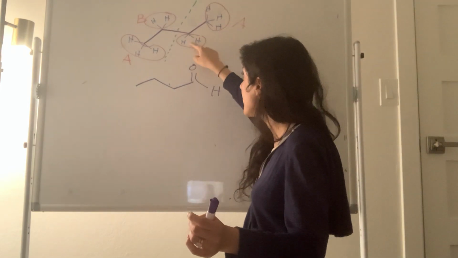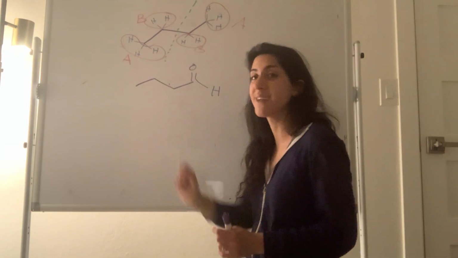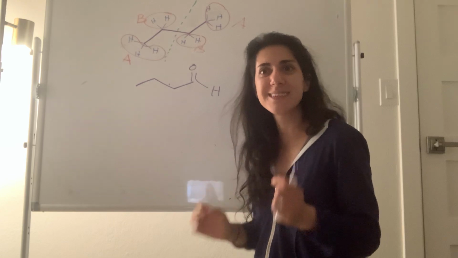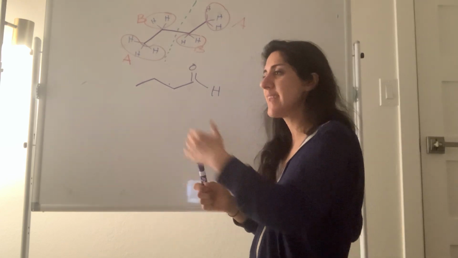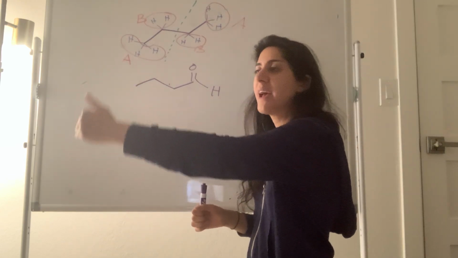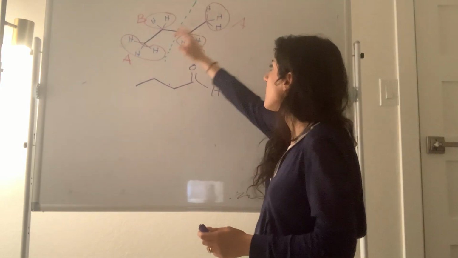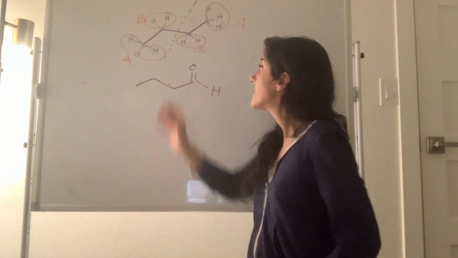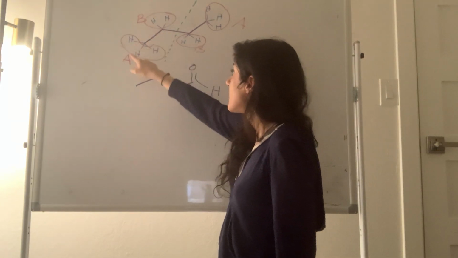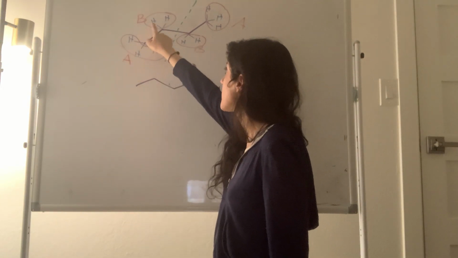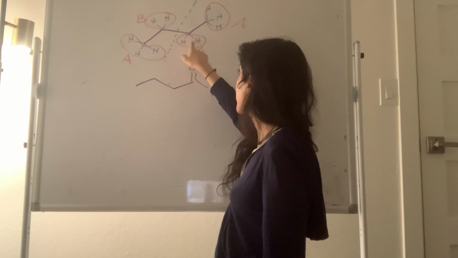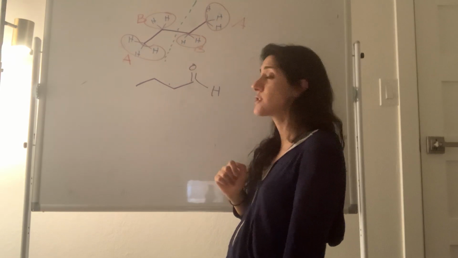They're attached to a CH2, CH2, CH3. So their neighbors are exactly the same, right? Their neighbors and neighbors of neighbors are exactly the same. So these are equivalent to each other. The same here. This one, the left neighbor is a CH3, the right neighbor is a CH2 that is attached to a CH3.